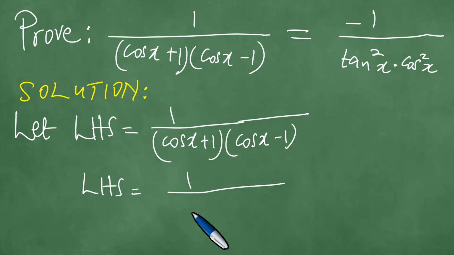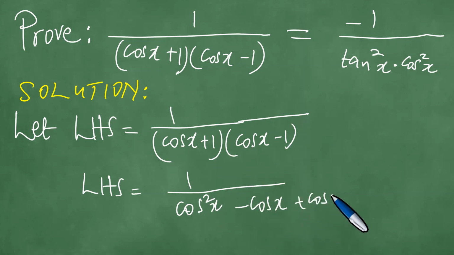In the denominator, we have the difference of two squares being factorized. Cosine x times cosine x is cosine squared, cosine x times -1 is minus cosine x, plus cosine x, and this and this is -1.